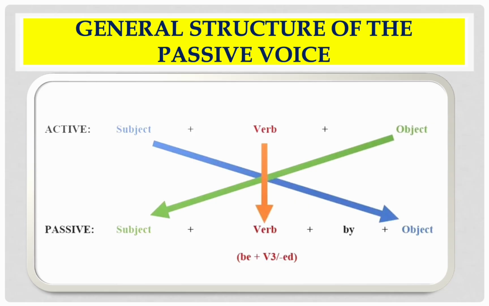The last, the verb always changes into the form be plus past participle, and the verb be must agree with the tense of the original sentence. To make a correct passive sentence, you must keep in mind these three things. If you follow these three steps, your passive sentence will always be correct.